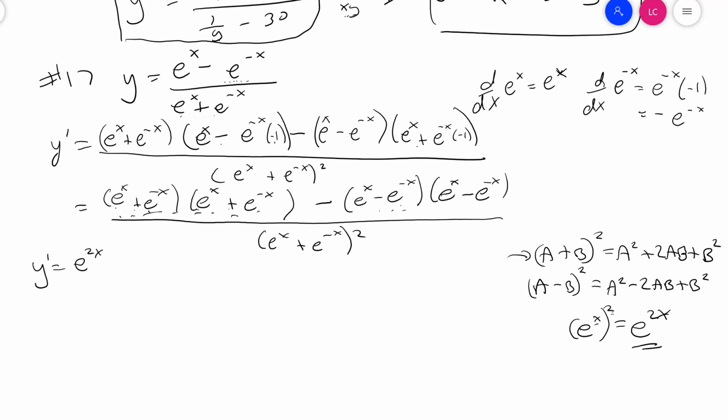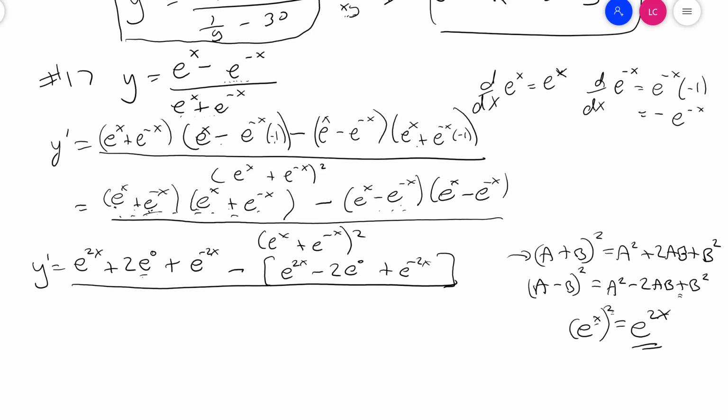So e to the 2x plus 2 times this times this. Well, that gives me e to the 0. I'm just writing it for effect. You don't have to, but you add their exponents, right? Plus this term here squared, which gives me e to the negative 2x. All right, so minus, and I'm going to make sure I put parentheses here, e to the x squared, just e to the 2x. And then it's going to be negative 2 times a times b, so negative 2 e to the 0, and then plus e to the negative 2x all over this squared.